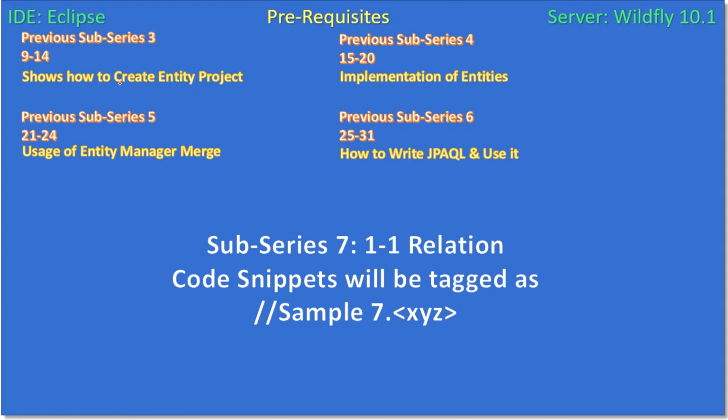The project was created in subseries 3 and pieces of code added in these subseries, and in subseries 7 we will learn one-to-one relation, and in the meantime we will add some piece of code.